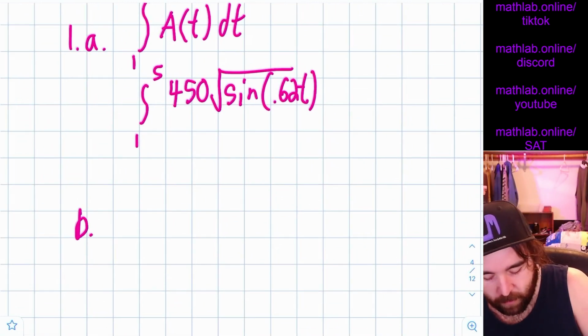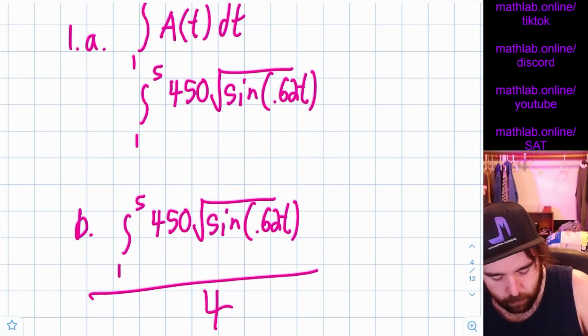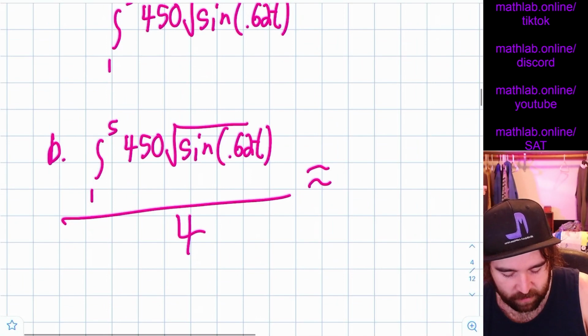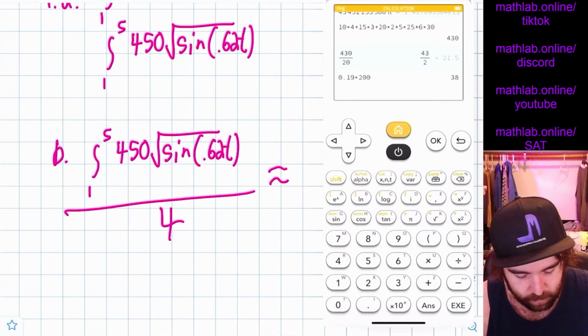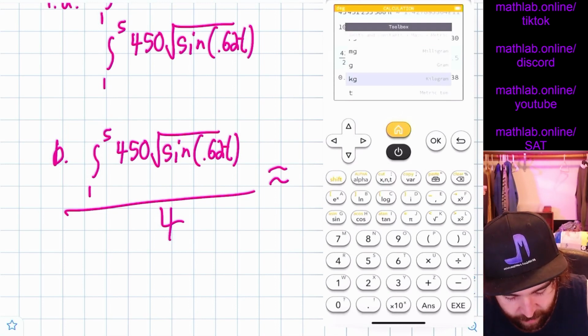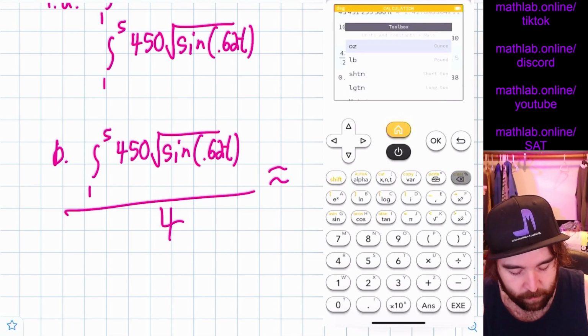So the answer is just going to be this divided by 4. And then I guess they do want us to actually calculate this out. So we're going to remember to do the squiggly equal sign, because it's probably going to be rounding, and to do units. Remind me to do units at the end.